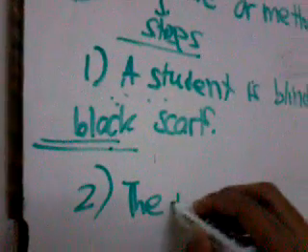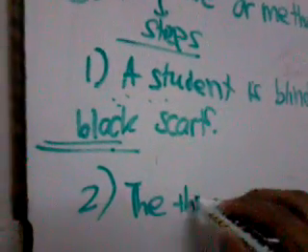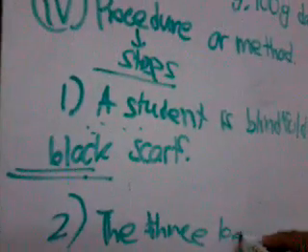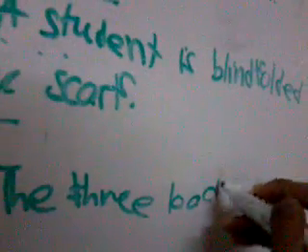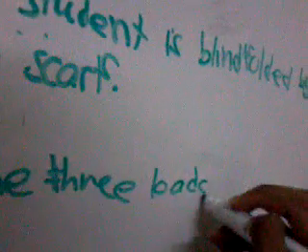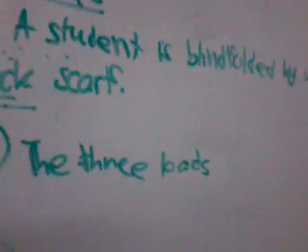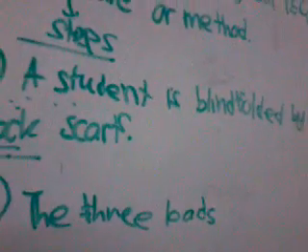Okay, number 2, the 3 loads. Okay, just now they showed the 3 loads in the diagram. Did you notice? Just now they showed the 3 loads in the caution. So they take it from the caution just now.